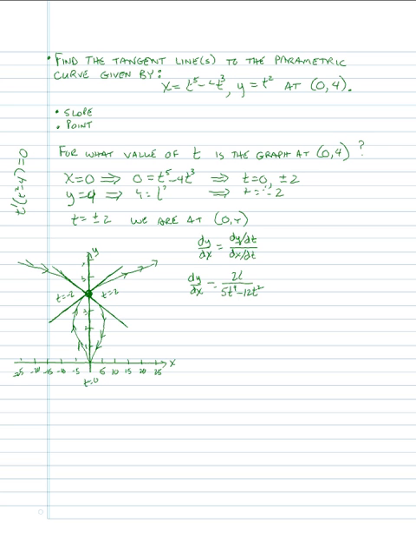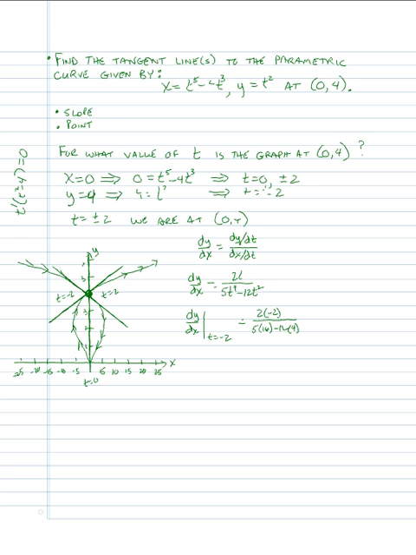Well, one of the slopes we're going to calculate is the derivative of y with respect to x evaluated at the t value of -2. And when we do that, we'll have 2 times -2 in the numerator, and in the denominator, we'll have 5 times -2 to the 4th power, which is 16, minus 12 times -2 to the 2nd power, which is, of course, 4.